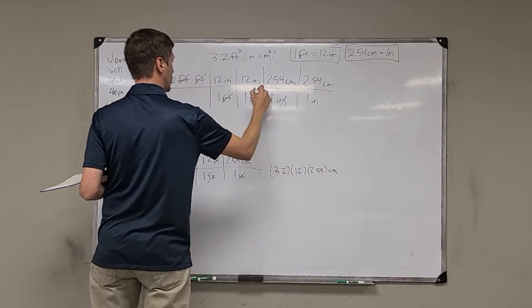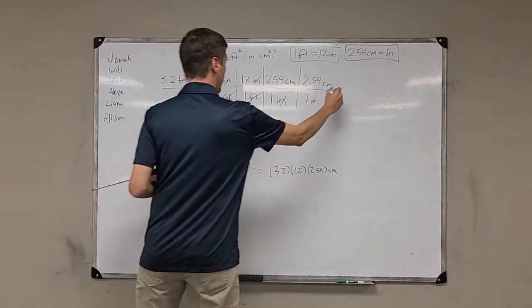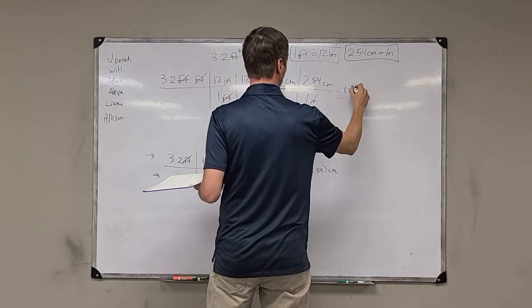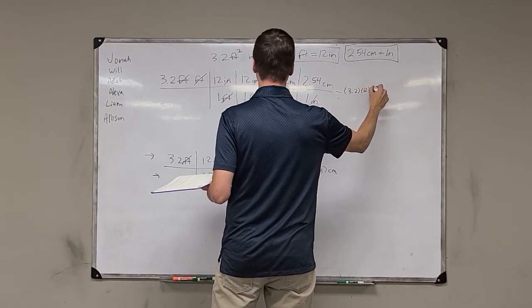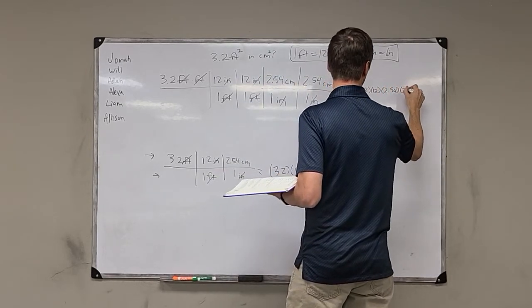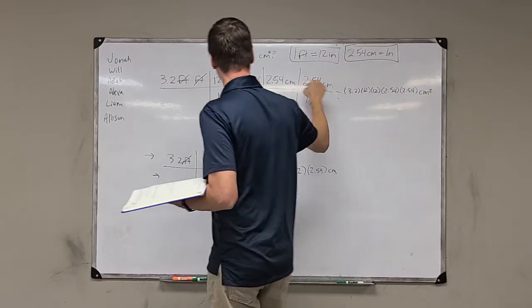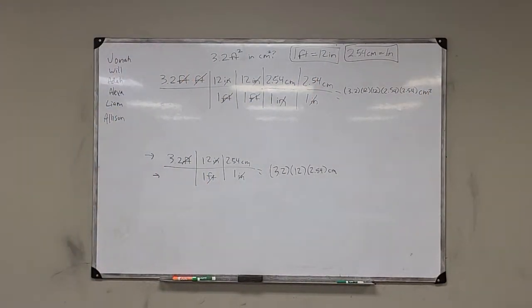So now this inch can cancel out with that one, this inch can cancel out with that one, and so my final answer would be 3.2 times 12 times 12 times 2.54 times 2.54 centimeters squared, right? Because the centimeters didn't cancel out. So I get the final units that they were looking for.